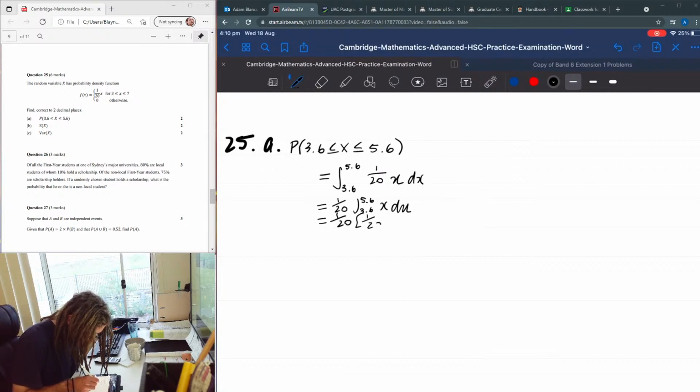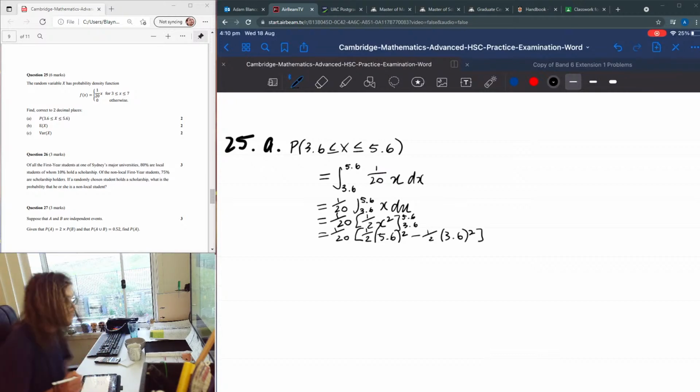That's a half x squared. 5.6, 3.6, 1 on 20 outside of a half 5.6 squared minus a half 3.6 squared. I chuck all of that into the calculator, and I get 0.46, which is less than 1, which was what I expected.